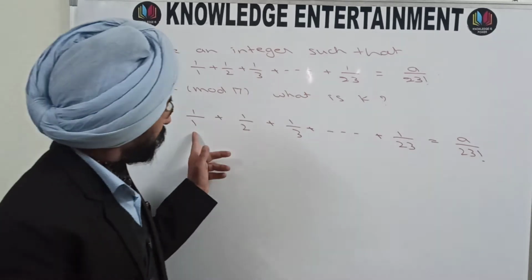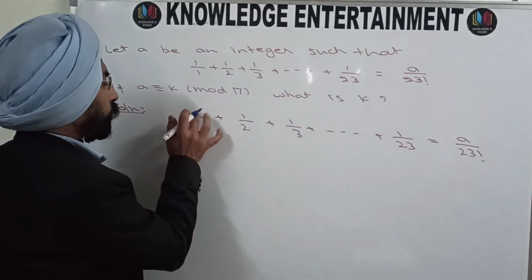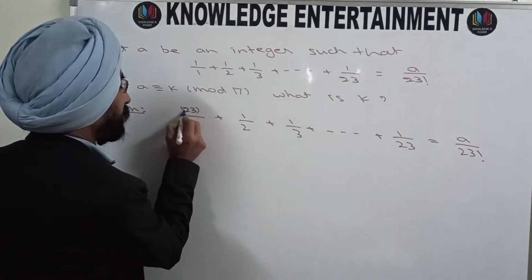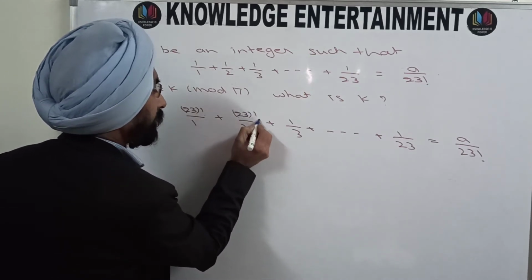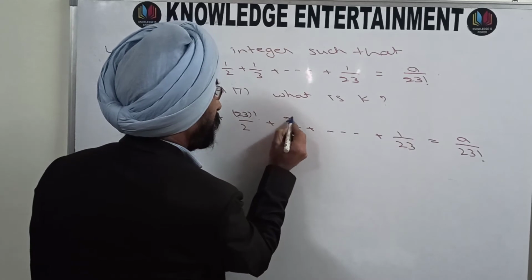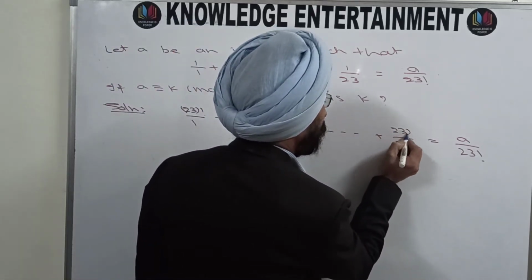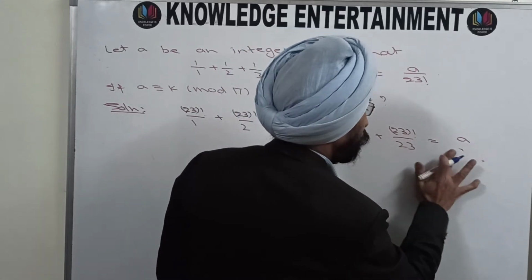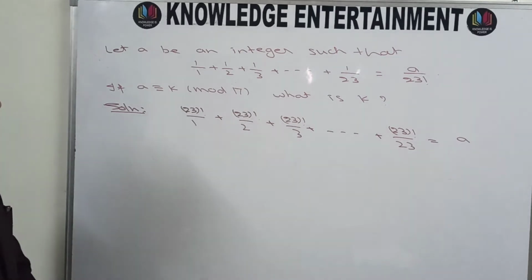So each term of the left hand side will be multiplied by 23 factorial. So you will get 23 factorial here, 23 factorial here, 23 factorial here, 23 factorial here. And on the right hand side you will be left with only a.